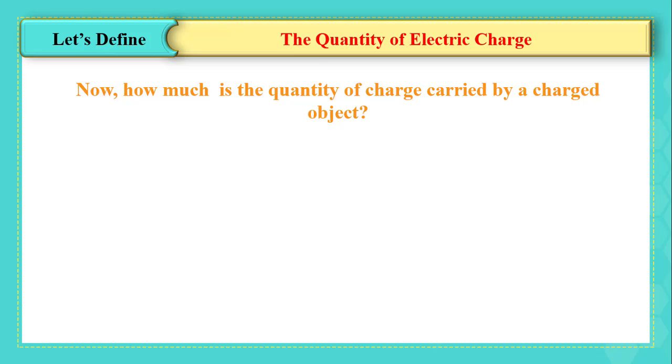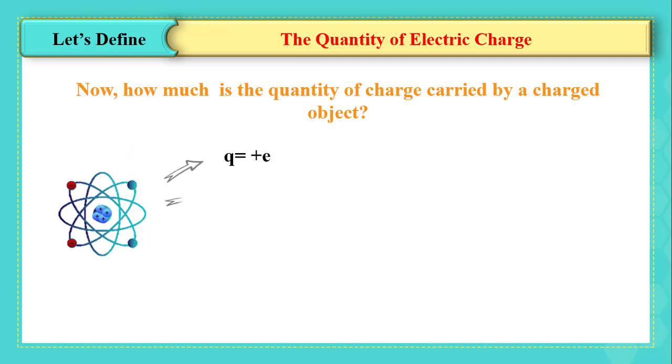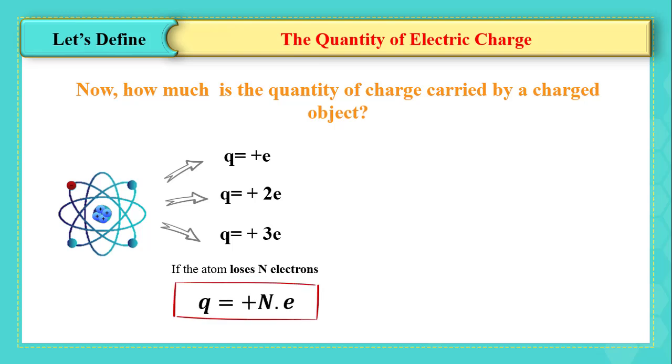If an atom loses 3 electrons, its charge Q equal plus 3e. If the atom loses n electrons, the charge of the atom is the number of lost electrons multiplied by the elementary charge, which is Q equal plus n multiplied by e.